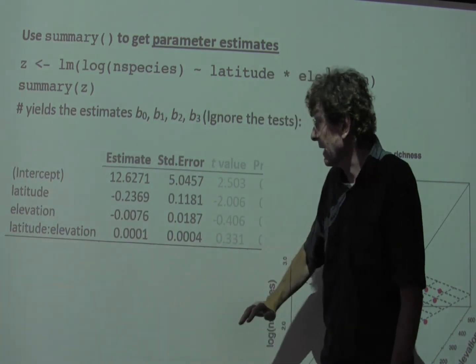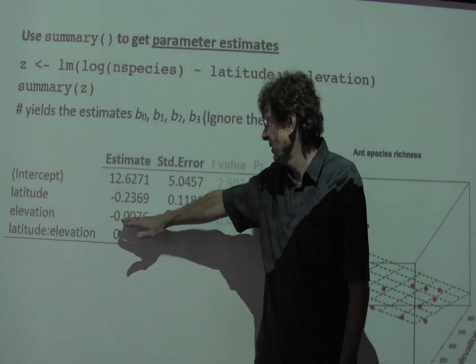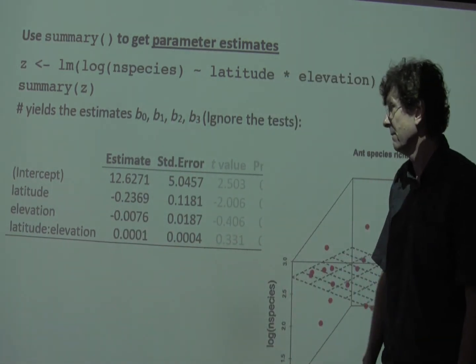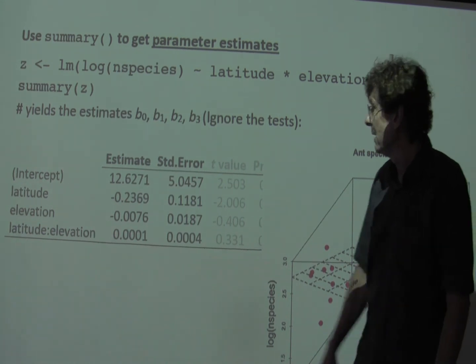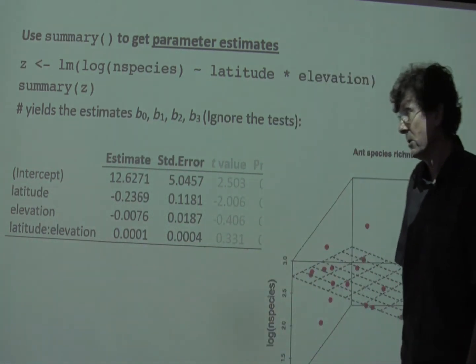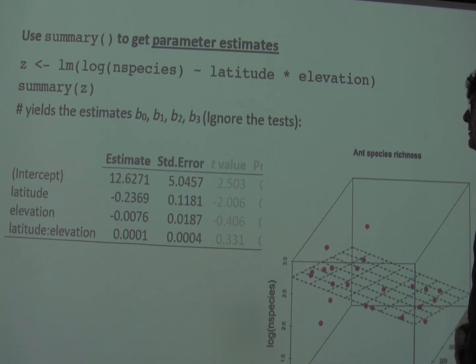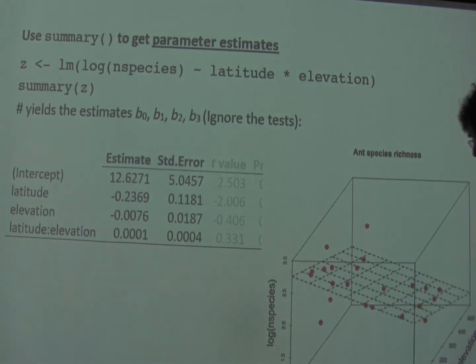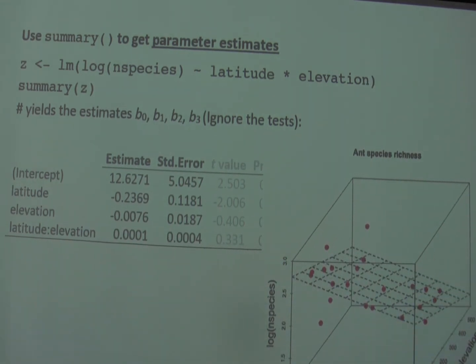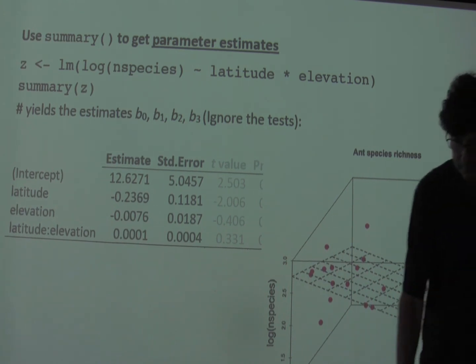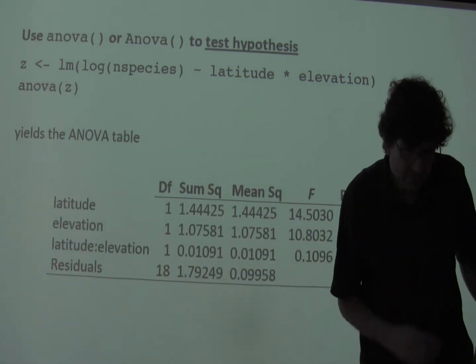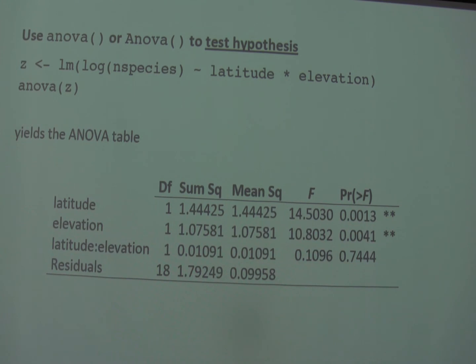There's a negative effect of latitude on the log number of ant species, and a weaker negative effect of elevation on the log, and then a minute interaction between those two. Those are the point estimates, and their measured uncertainties, the standard errors, and that's what the surface would look like. So that's what summary gives you.